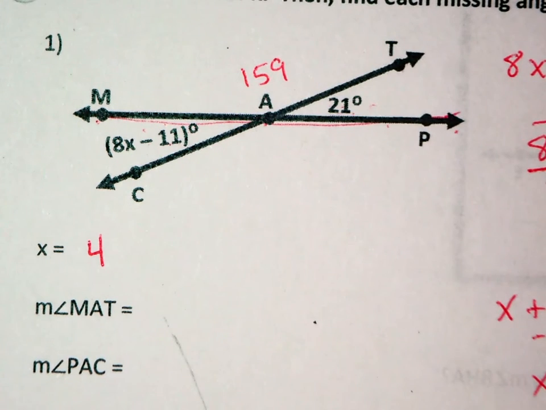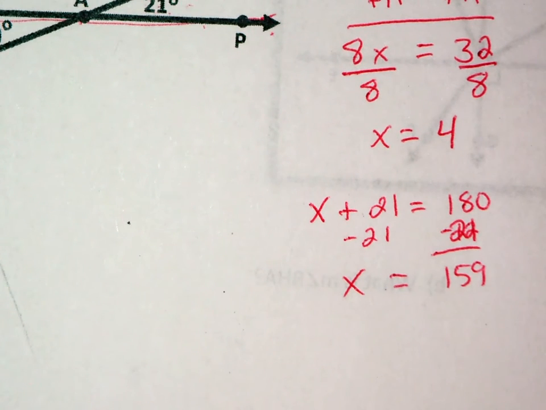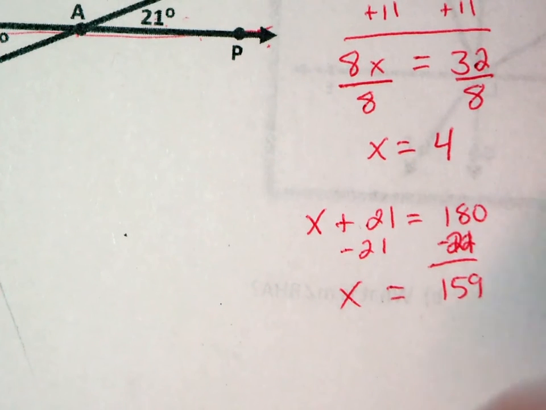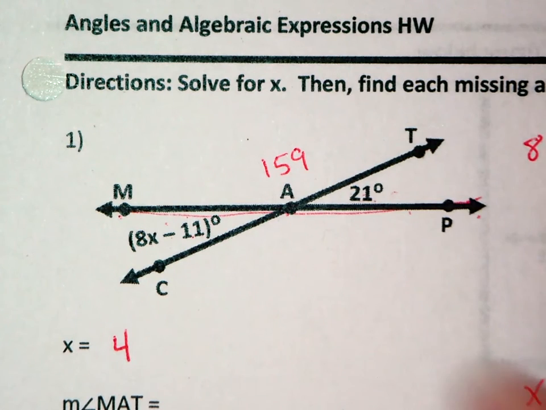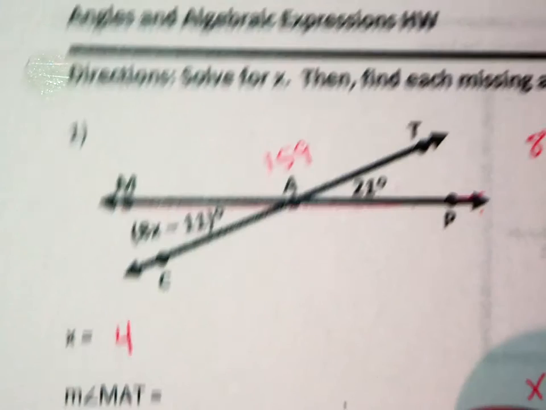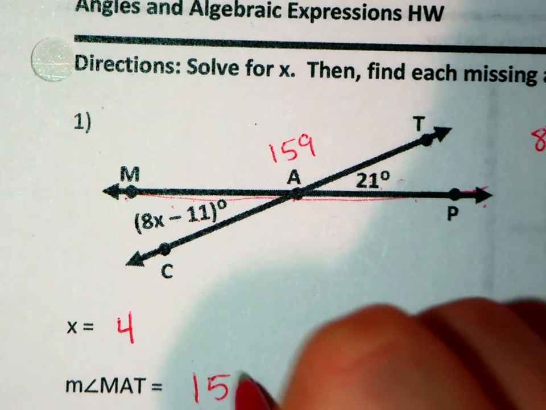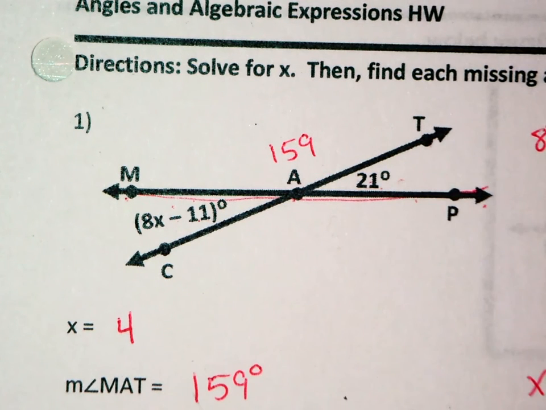And I like to write on my image, unless you are using a piece of paper where you're told you can't write on it. I go ahead and write all over my image so that I know exactly what the measures of various angles are. So MAT is 159 degrees. PAC.